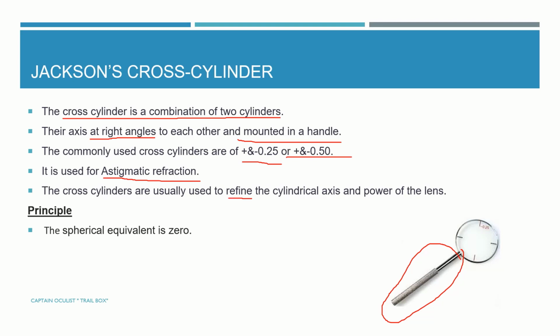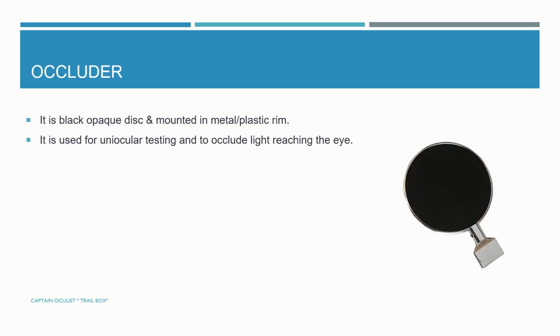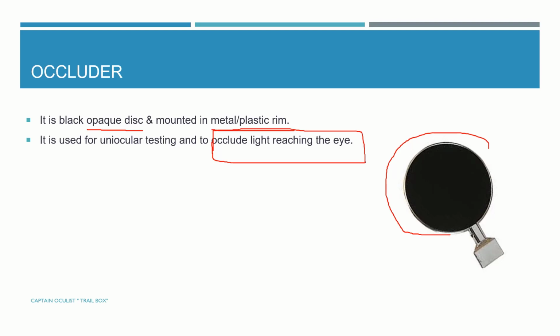The cross cylinder is usually used to refine cylindrical axis and power of the lens. Next is occluder. Occluder is a black opaque disc mounted in a metal or plastic rim. It is used for uniocular testing and to occlude light reaching the eye.